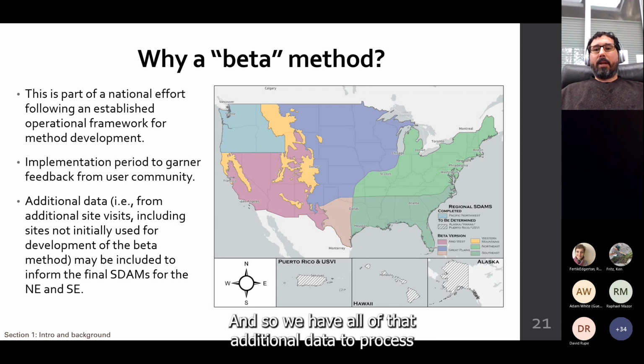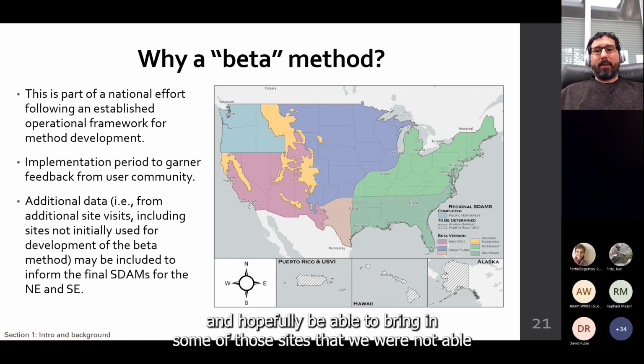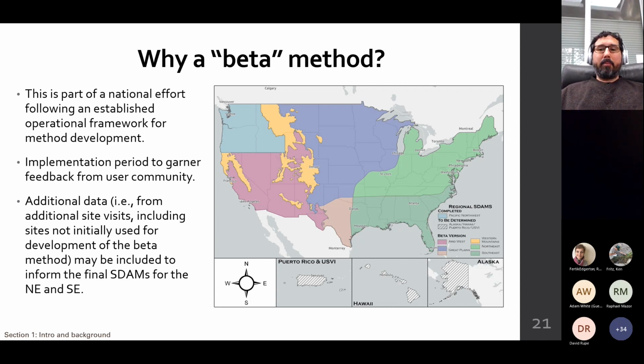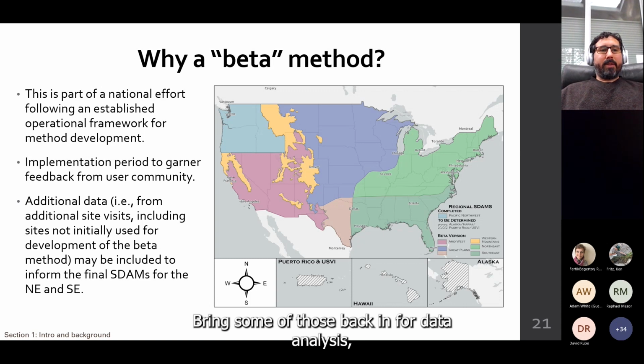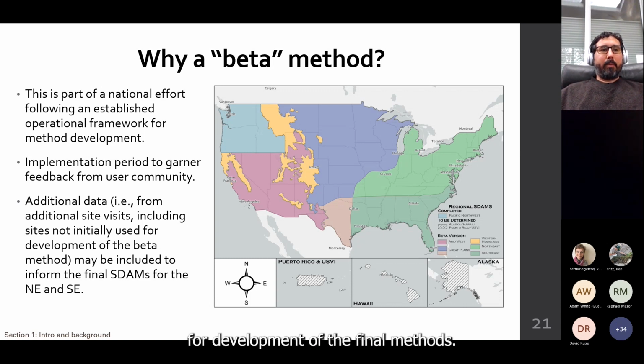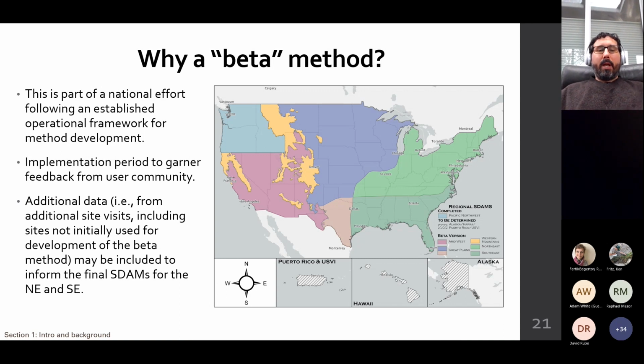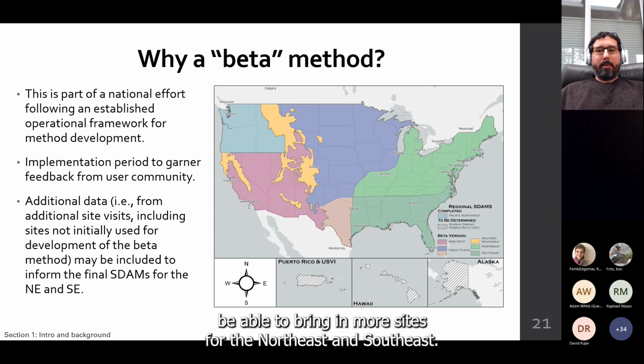And so we have all of that additional data to process and hopefully be able to bring in some of those sites that we were not able to classify with our first 3 rounds of visits, bring some of those back in for data analysis for development of the final methods. So hopefully we'll be able to bring in more sites for the Northeast and Southeast.